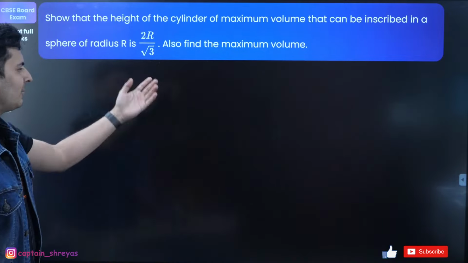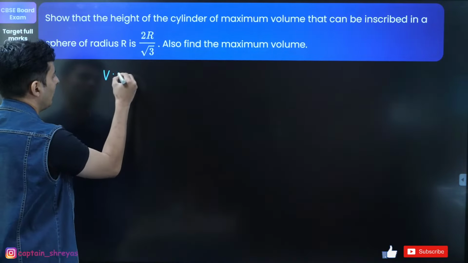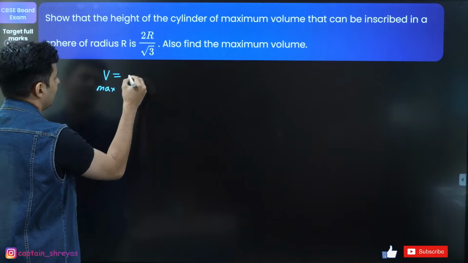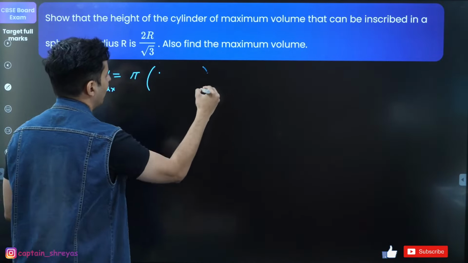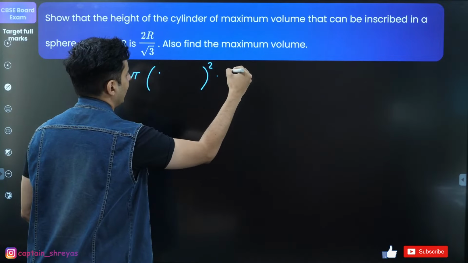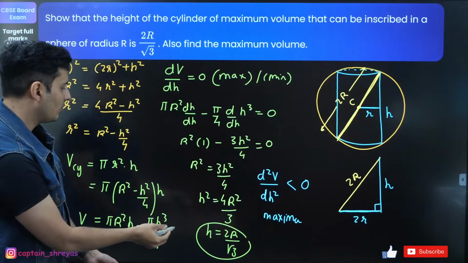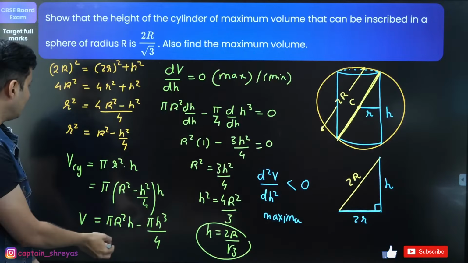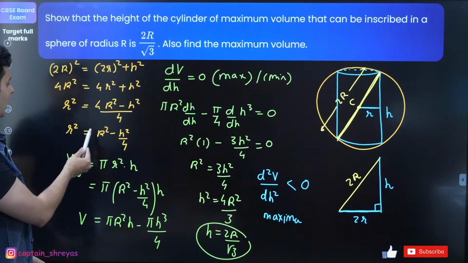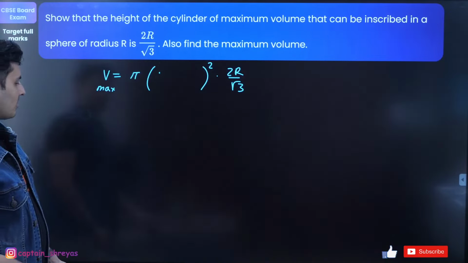Okay. So find the maximum volume, you can just substitute this. So V max will be pi into that particular r square into that h. That h value, you will put as 2r by root 3. Here you need to be a little careful, that small r you will have to find out.